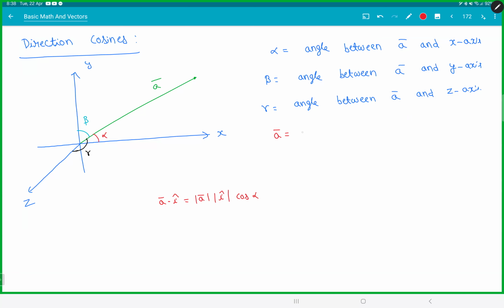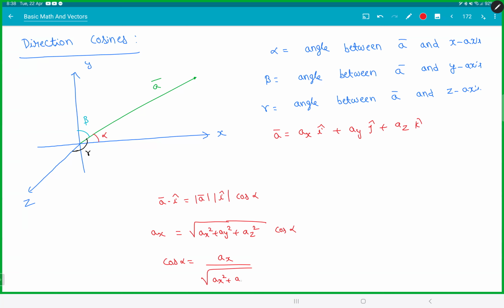Let's say a bar is ax I cap plus ay j cap plus az k cap. To do the dot product, this would be ax, and this would be root over ax square plus ay square plus az square, cos alpha. So cos alpha is ax by root over ax square plus ay square plus az square.